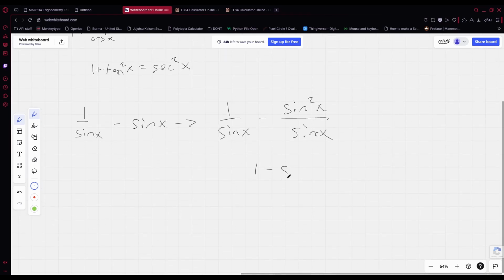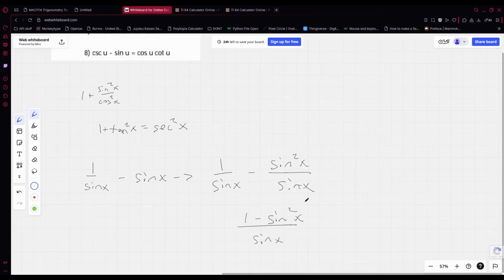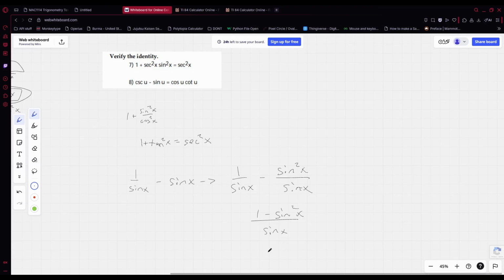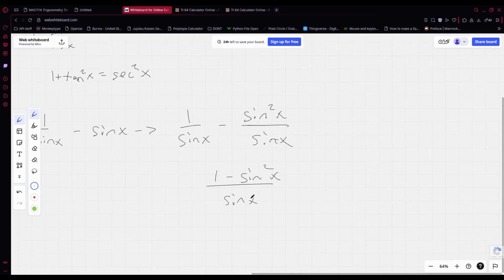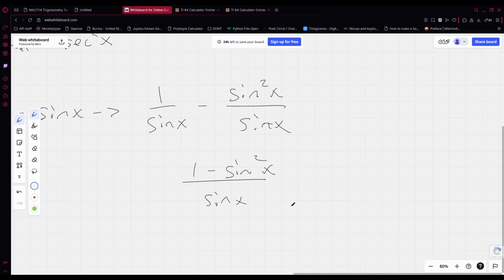Now that gives me 1 minus sine squared x over sine x. Alrighty. So, we have this now. What do we do with it is the question.